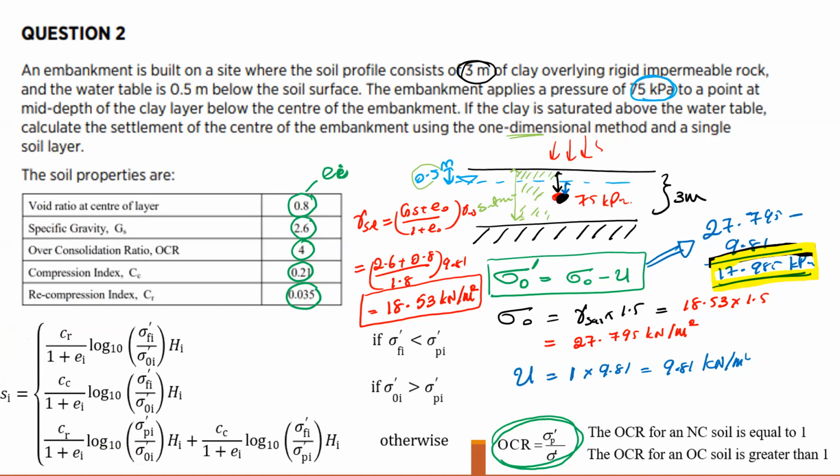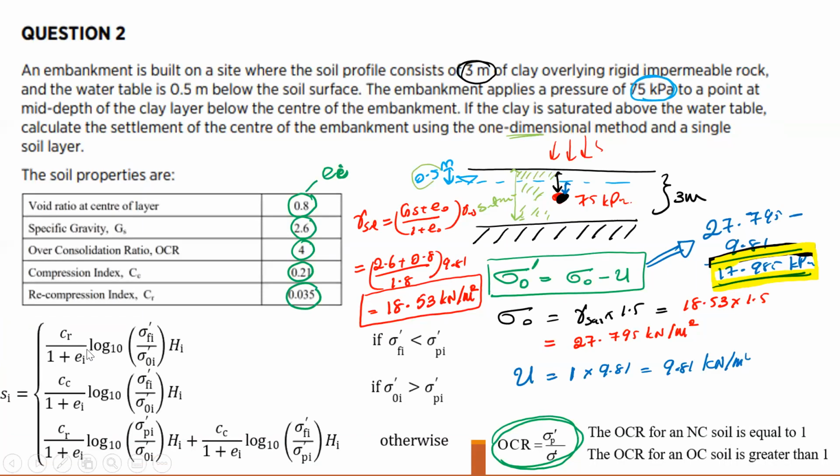I'll take it to the next page. In the final value, what is that? This 75. So due to the embankment, the stress increase at the middle point is 75 kilonewtons, isn't it? Am I right?